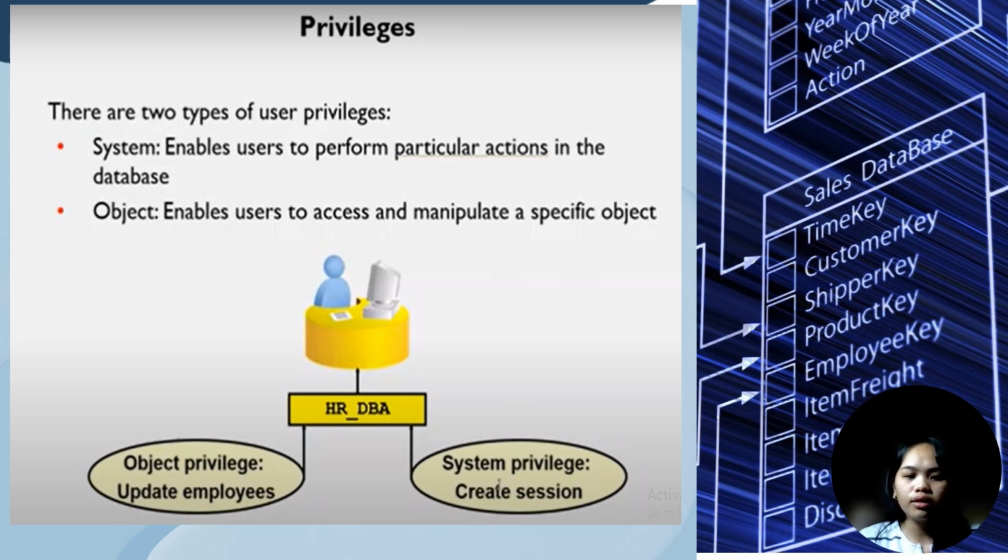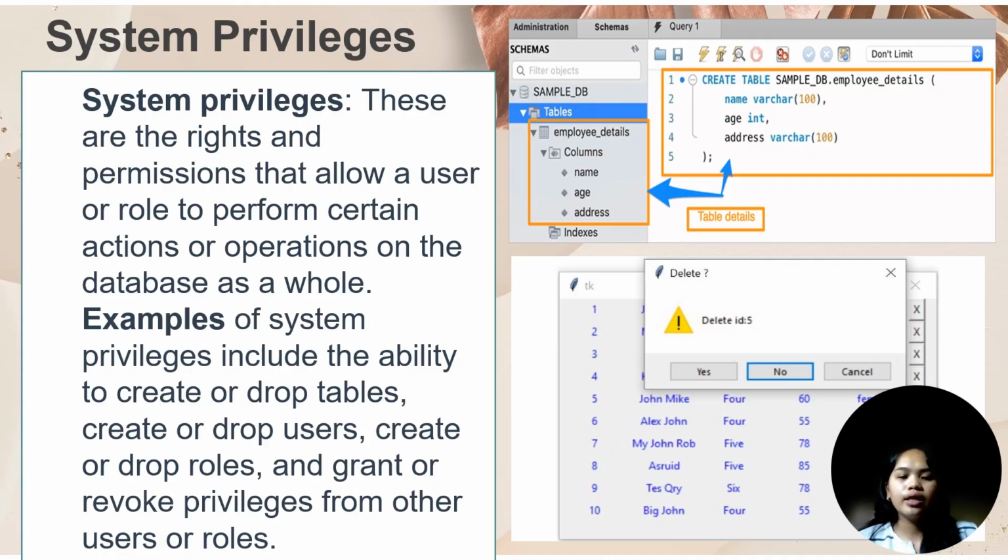While object privileges enable a user to access and manipulate a specific object. So if system can perform particular actions in the database, object privileges can manipulate a specific object. So we can differentiate here.